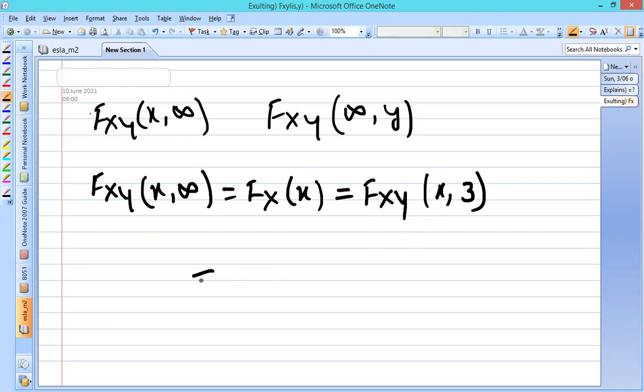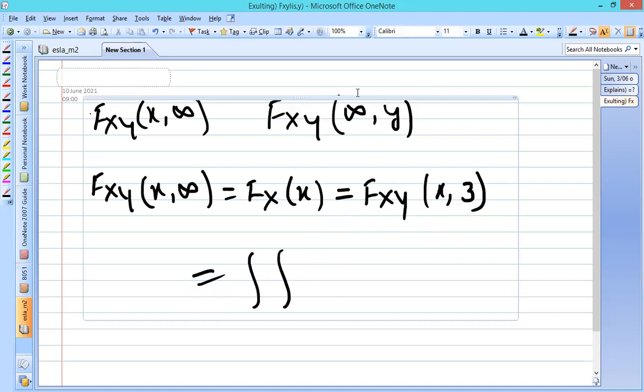So this CDF Fxy of x comma 3 can be obtained as a double integration. So here we'll have in general minus infinity to plus infinity for both the integrals. But here since we are calculating Fxy of x comma infinity, y is limited to 3.